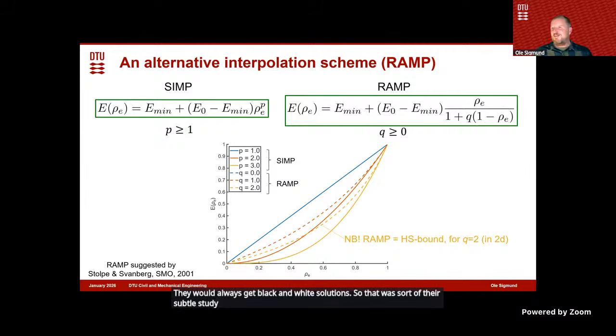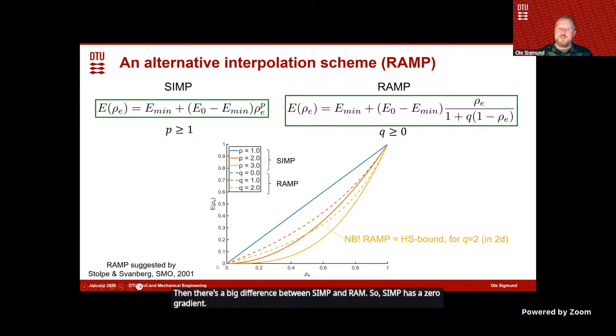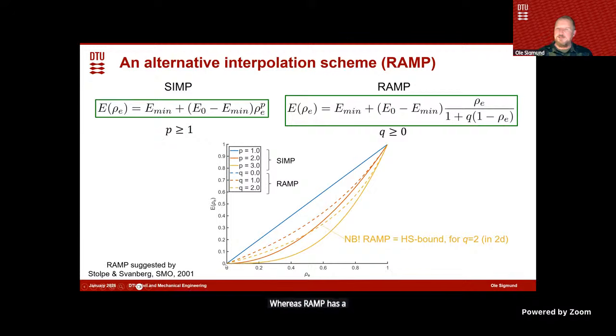As I argued later on, I don't think we want completely black and white. So that would not be the reason for using RAMP instead of SIMP. My explanation is that if you look at the gradient at 0, there's a big difference between SIMP and RAMP. SIMP has a 0 gradient, whereas RAMP has a finite gradient at density 0.